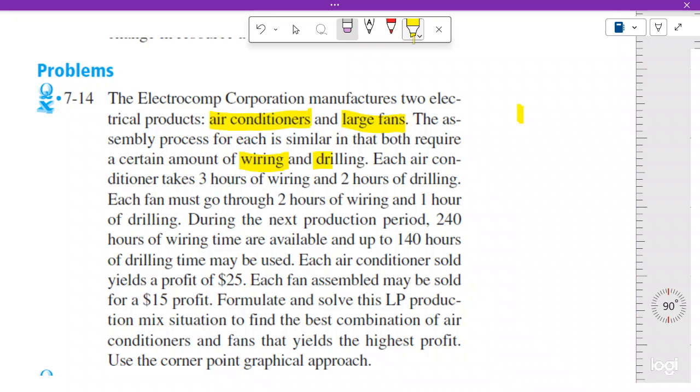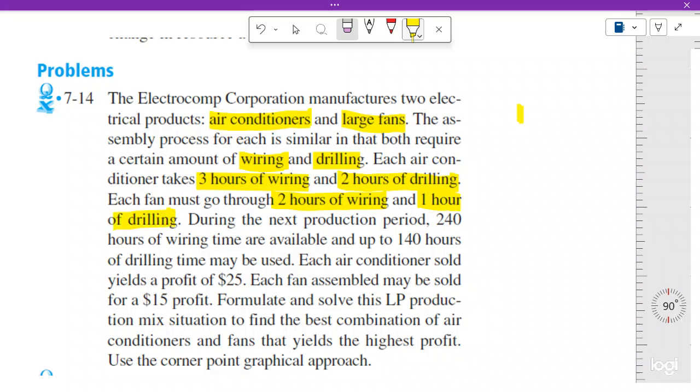Each air conditioner takes 3 hours of wiring and 2 hours of drilling. Each fan must go through 2 hours of wiring and 1 hour of drilling.